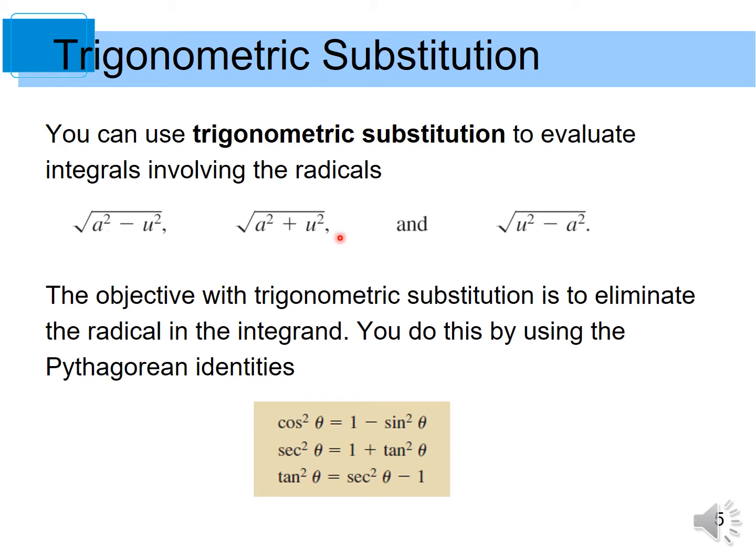We have three types of radical form. The objective with trigonometric substitution is to eliminate the radical in the integral. You do this by using the Pythagorean identities.